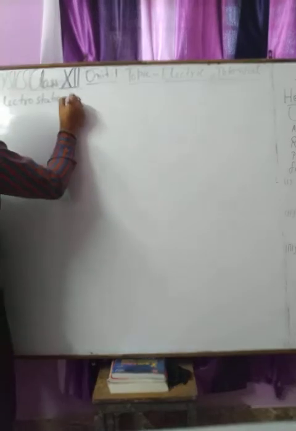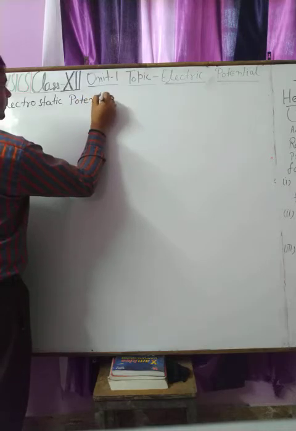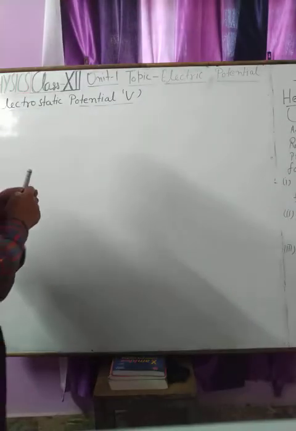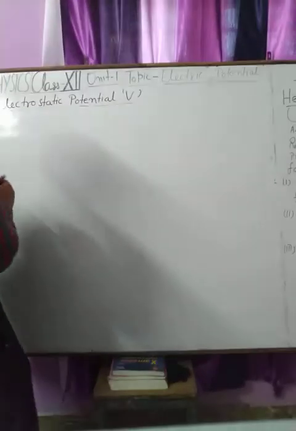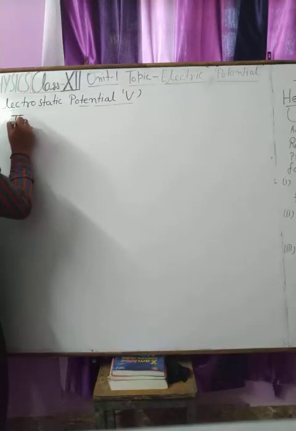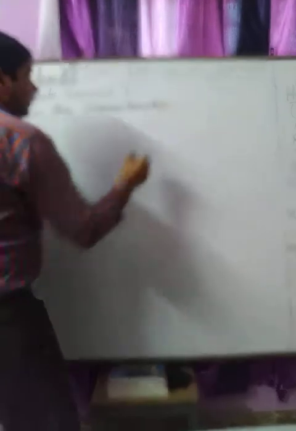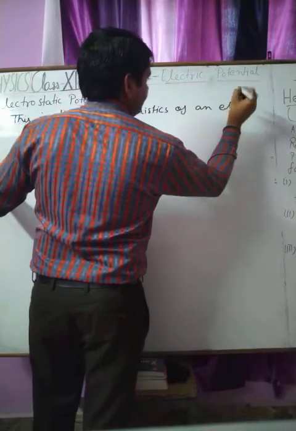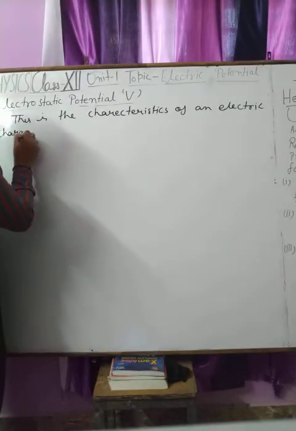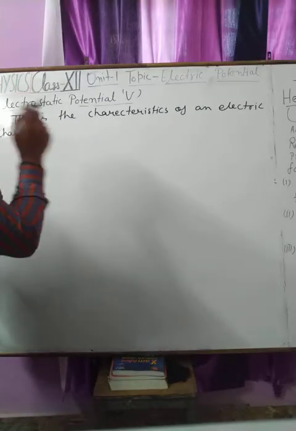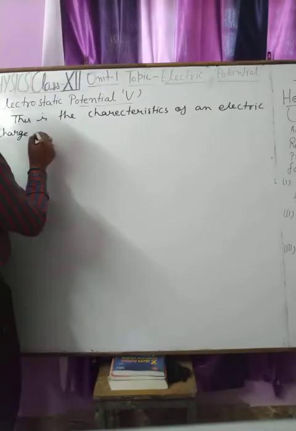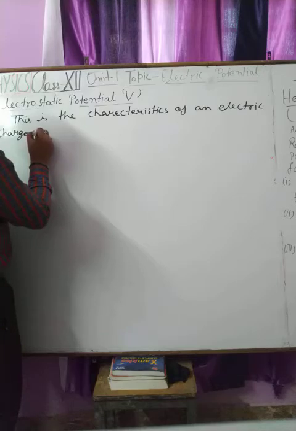Electrostatic potential. This is the characteristic of an electric charge around it.